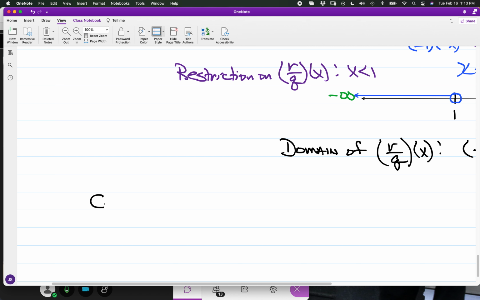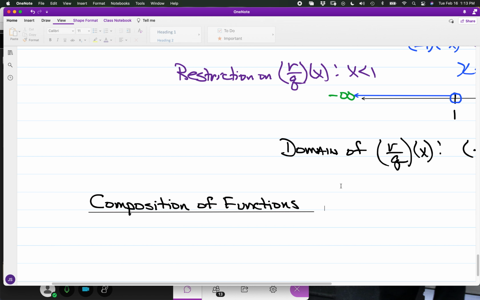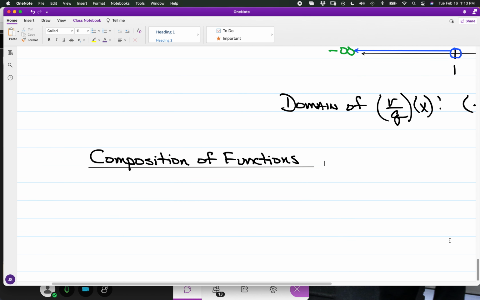And upon first glance, this will look like multiplication, but it's not multiplying.